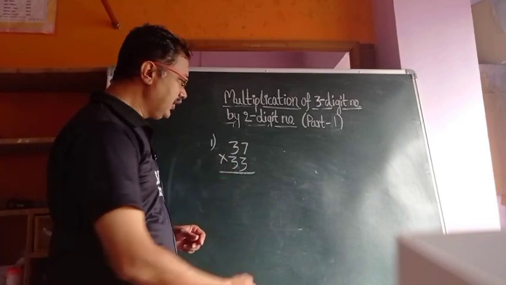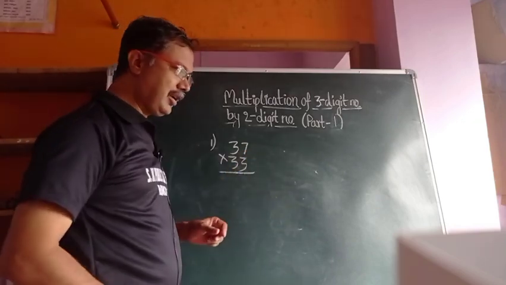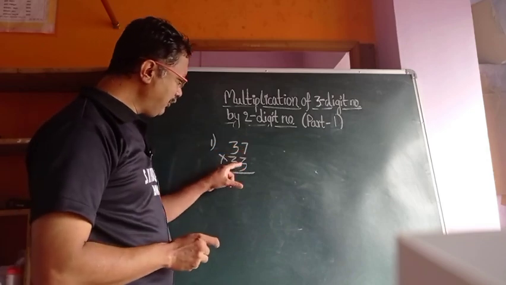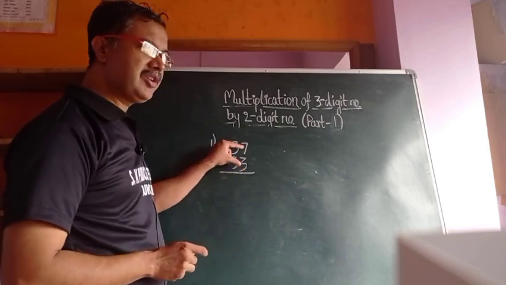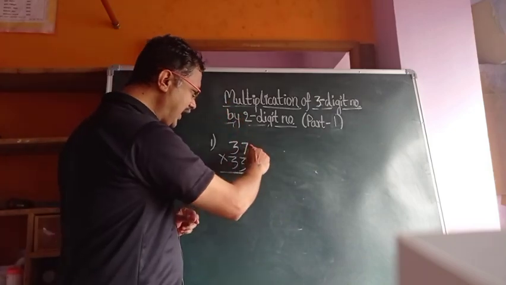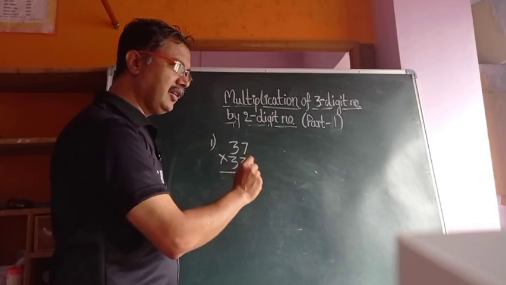See here, children, in ones place, whatever numbers are there, don't worry about that, if you add these two numbers in ones place, then it becomes a 10.